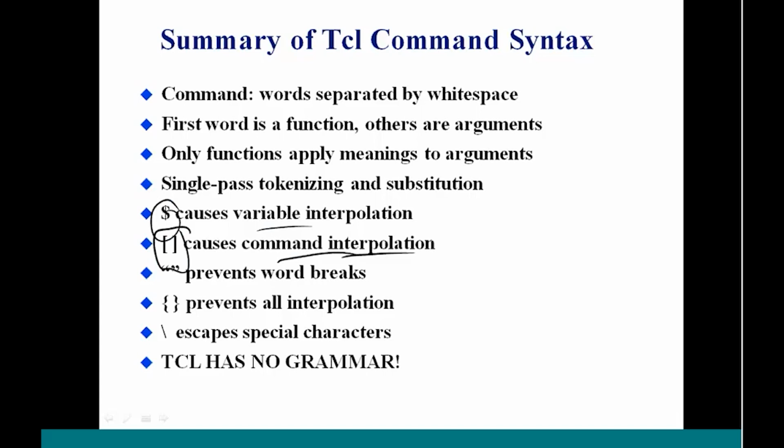To prevent the word breaks, we can use three main things, or you can also extend it to a fourth one. The first one is using the quotes, that prevents the word breaks, and then we can use the curly braces that also prevent all the interpolations, and then the backslash escapes all the special characters, including any word breaks.